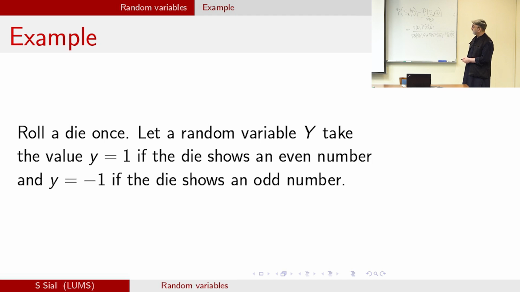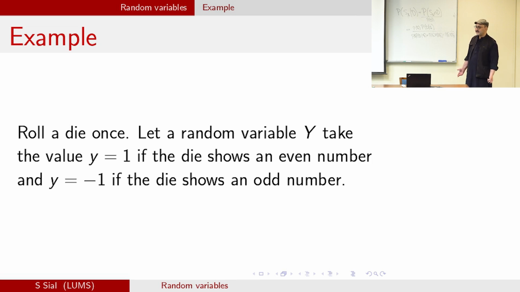I'll say that there's a random variable Y, which is a function from S to the reals, and it's going to take the value 1 if the result of rolling the die was an even number. And it's going to take the value -1 if the result is an odd number.